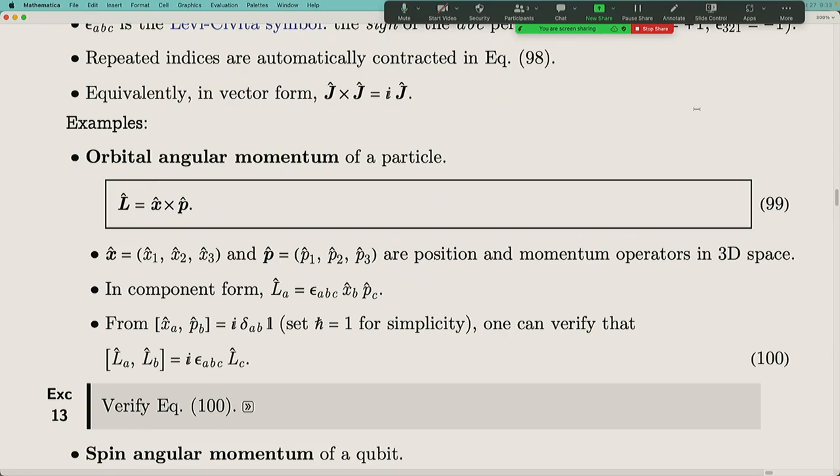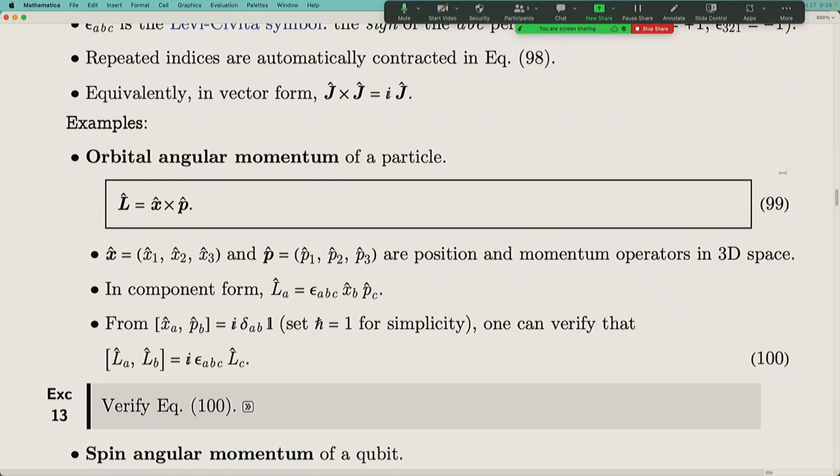That's why the commutation relation looks like that. Given that commutation relation, you can immediately verify that, with this definition of orbital angular momentum, the orbital angular momentum indeed satisfies the commutation relation we proposed previously.